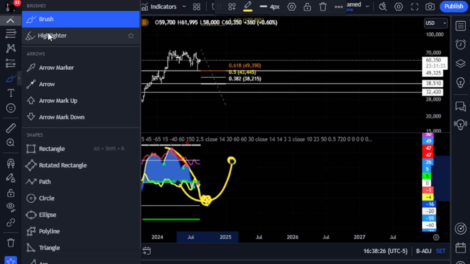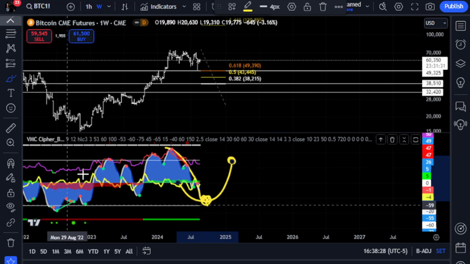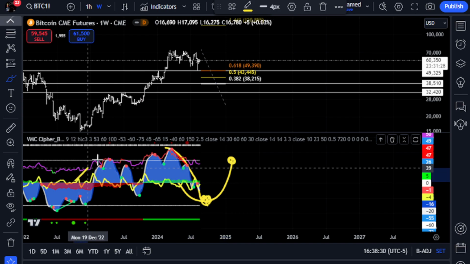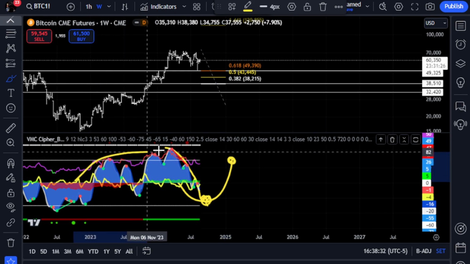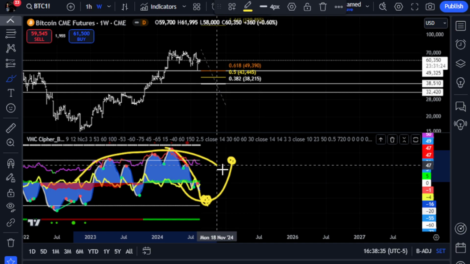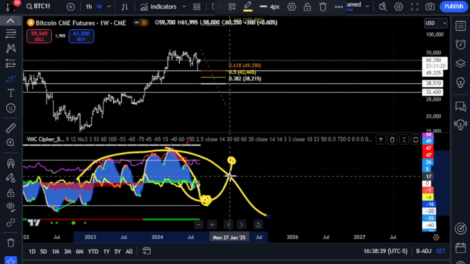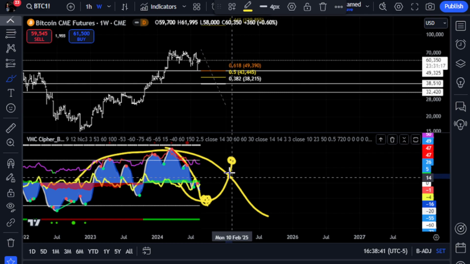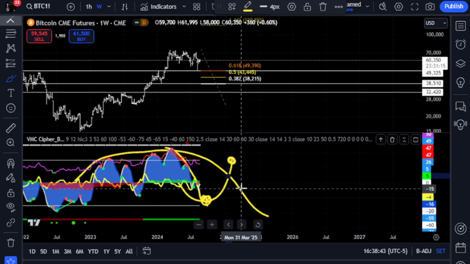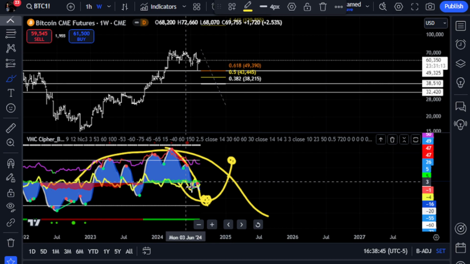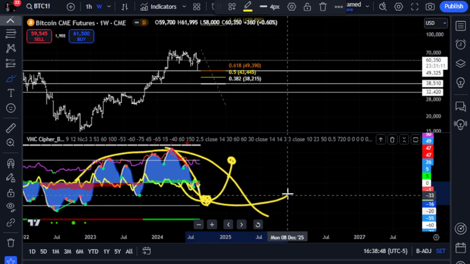So let's follow this right here. So maybe right about there she gets clipped off, and we start building this weekly on out like this.